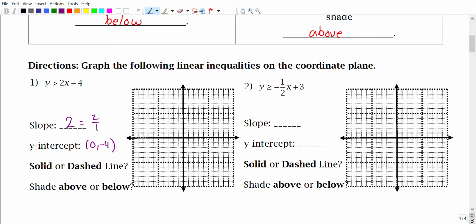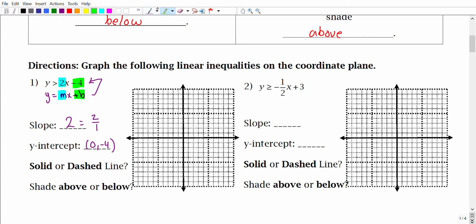If you are confused as to how I'm getting those numbers, just look: this looks like it's in y = mx + b form, except now it's an inequality. But we should still be able to derive the information we need. We still have a slope, and we still have a y-intercept, a b. That's where I was getting those two numbers from.